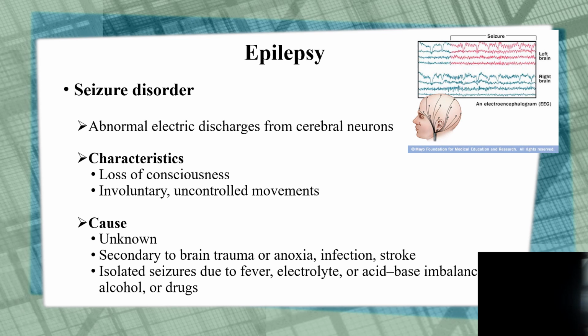The characteristics of epilepsy are loss of consciousness and involuntary or uncontrolled movement, which can involve the upper and lower extremities. The cause is generally unknown, but there are secondary factors that can cause a seizure.